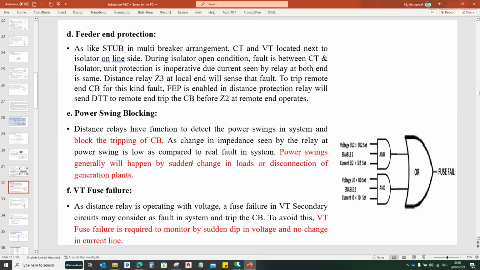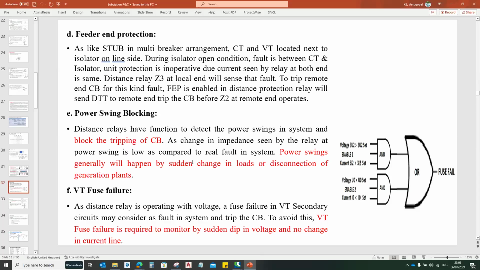And also VT fuse failure. As I told earlier, distance protection operates based on the voltage input. If the voltage input is not there, then your distance relay is not going to operate. That's the reason we need to provide a VT supervision function in the relay. It will monitor the secondary circuit of the VT.